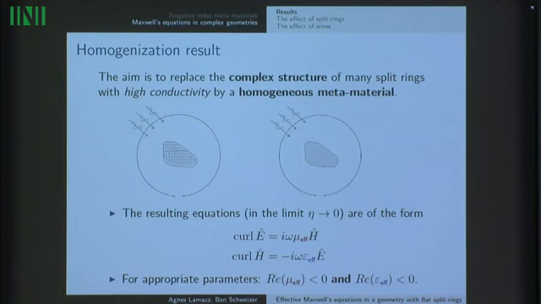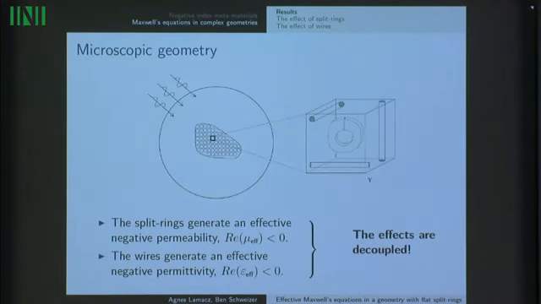Okay, now let's go one step further and zoom a little bit more into the microstructure. So in the following, we will assume that a single periodicity cell contains one split ring and 3 wires connecting opposite faces of the cell. So let me maybe comment on this. Actually, the usage of 3 wires here instead of only 1, as you have seen on the picture before, is just for convenience, because with 3 wires we get isotropic effects, and this is not the case with only 1 wire.